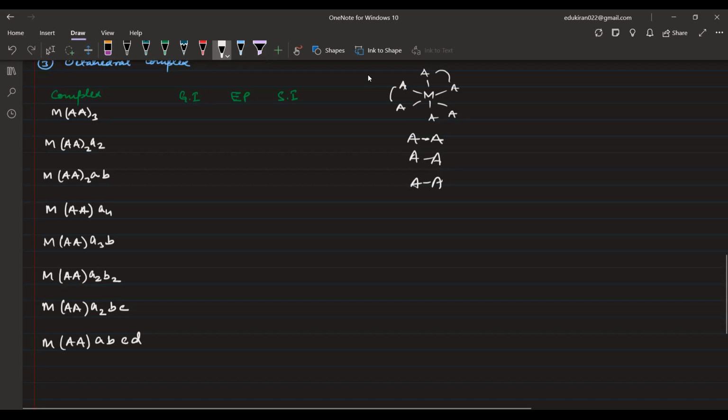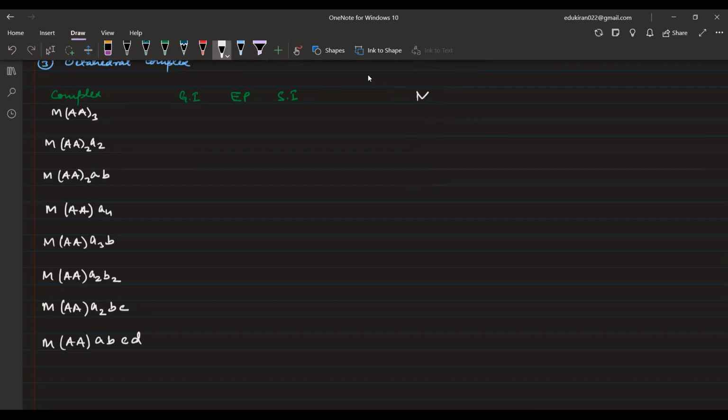Now, this is not going to change even if you interchange anything in the middle. So the orientation is not going to change even if you interchange the ligands, because all of the ligands are same here. But let us look at the plane of symmetry and center of symmetry, if there exists anything like that. AA.